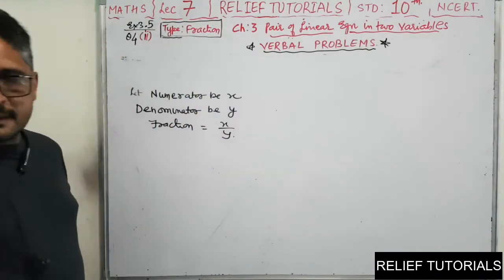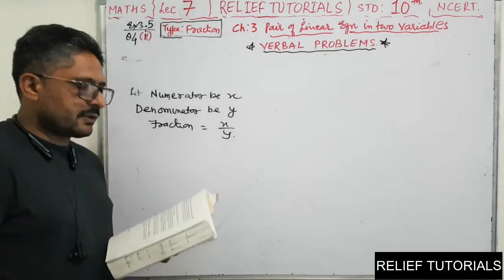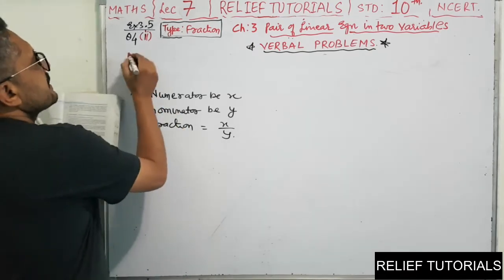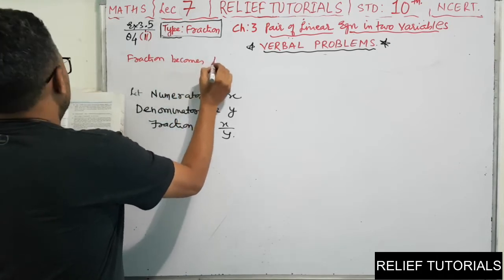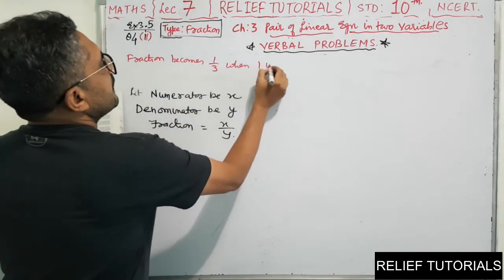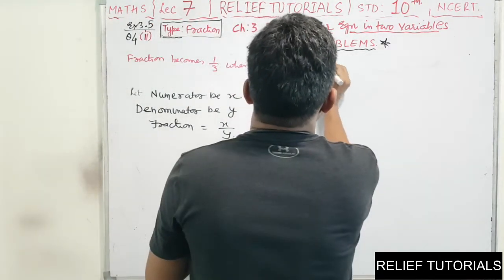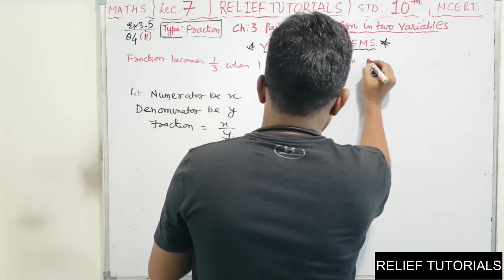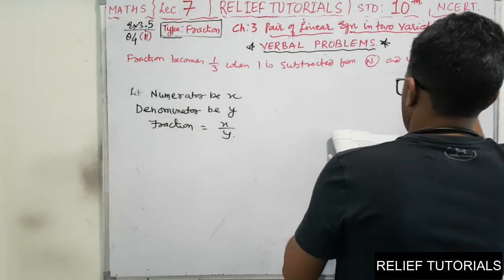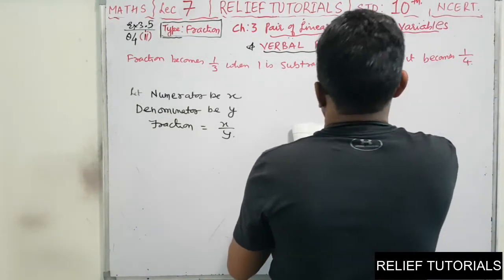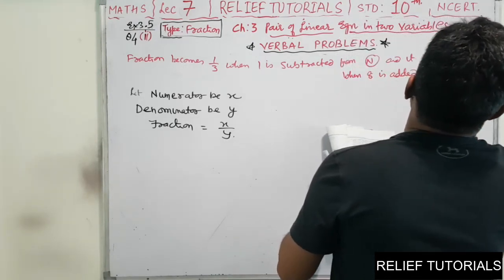See friends, what is the question? I am going to read it. Okay, so I will write: a fraction becomes 1 by 3 when 1 is subtracted from the numerator, and it becomes 1 by 4 when 8 is added to its denominator.